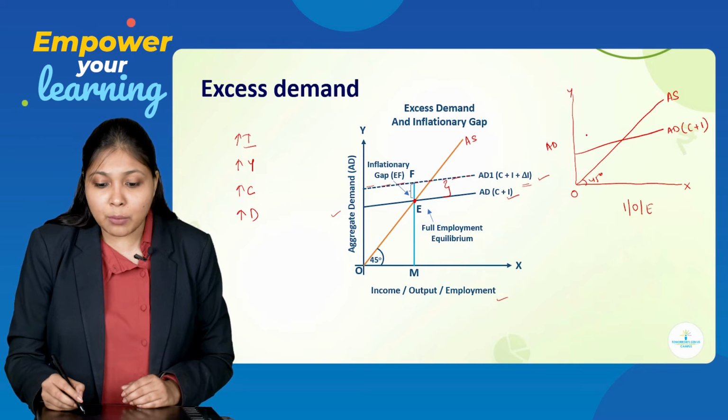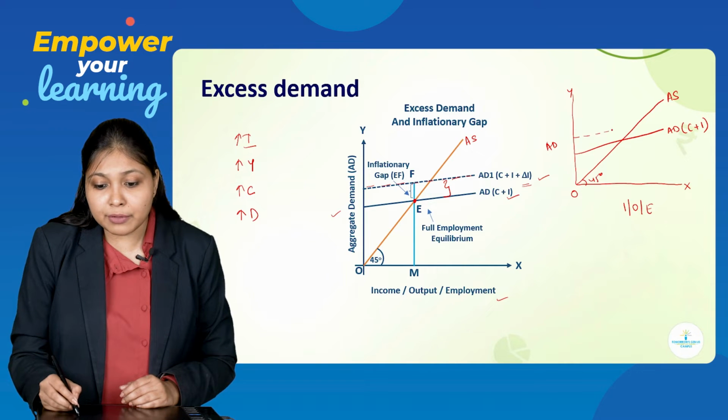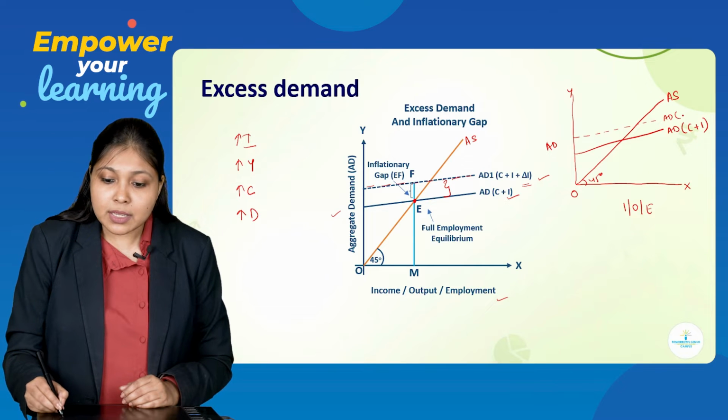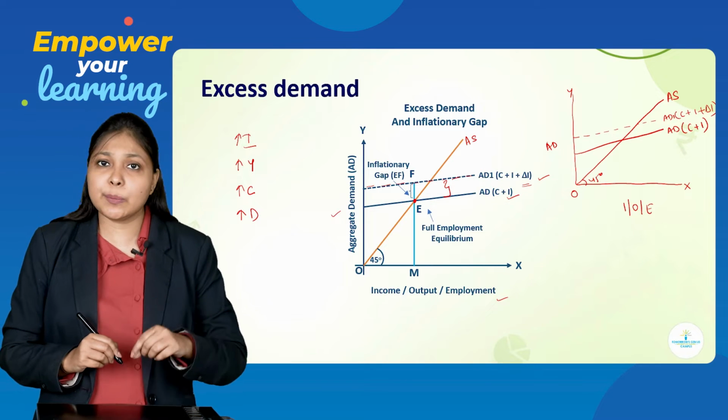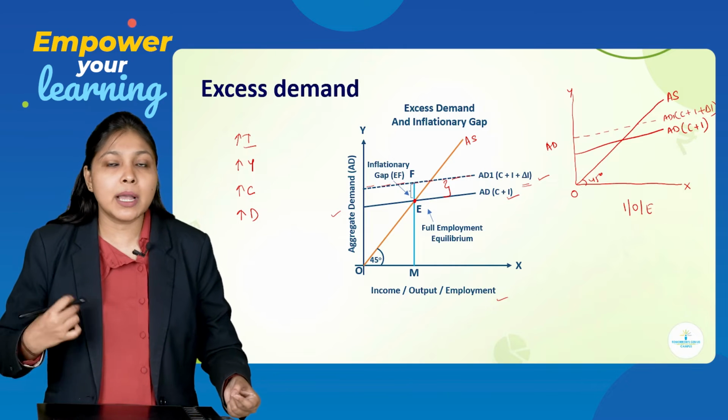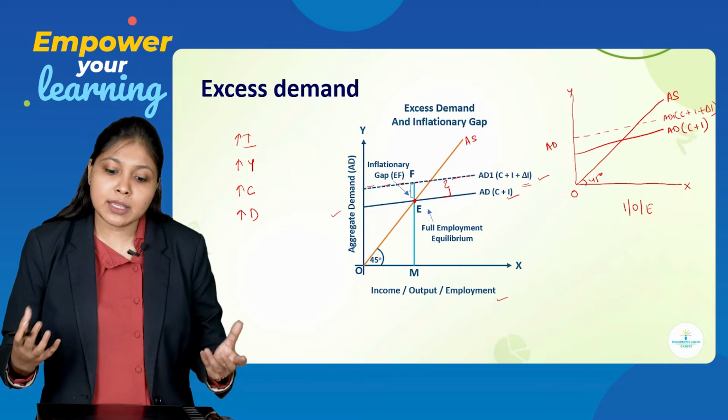So, that is why now my AD curve will shift towards here. Now, my AD becomes C plus I plus change in I, AD1. Change in I means because of change in investment, my AD is increasing, my demand is increasing in the economy.